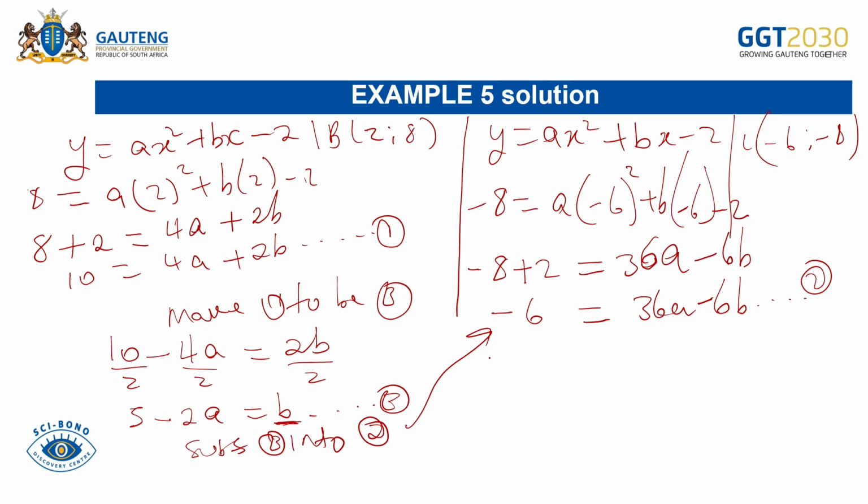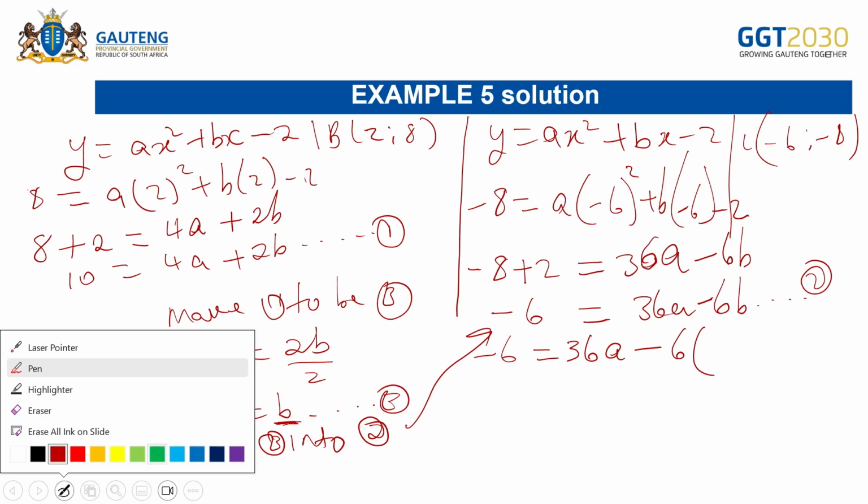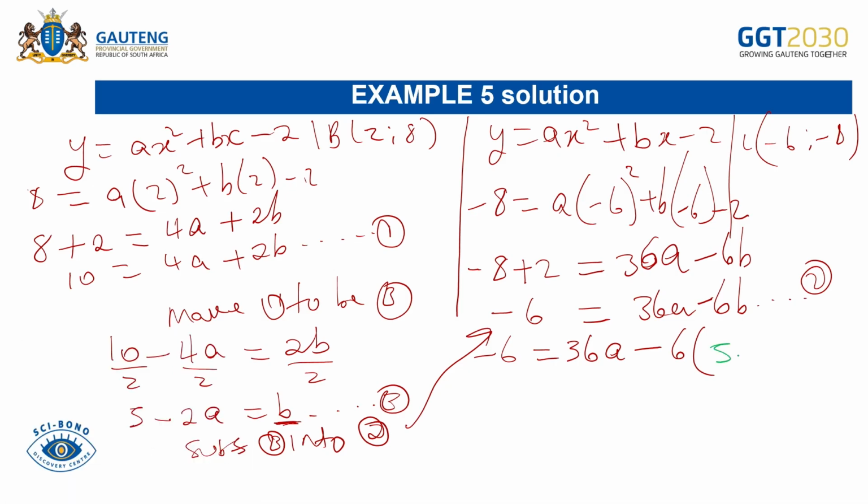So I will have negative 6 equals 36a minus 6 times (5 minus 2a).